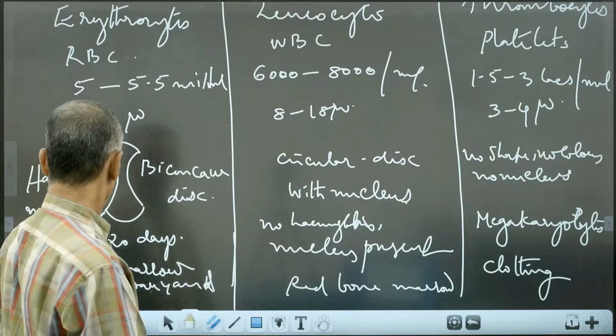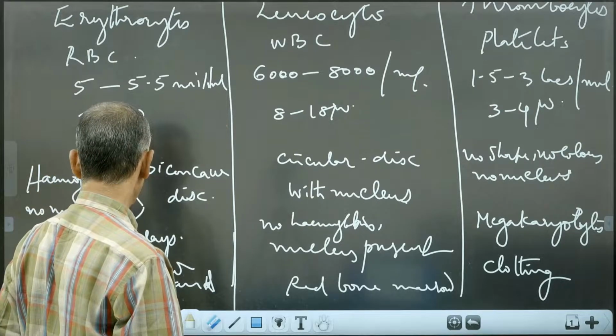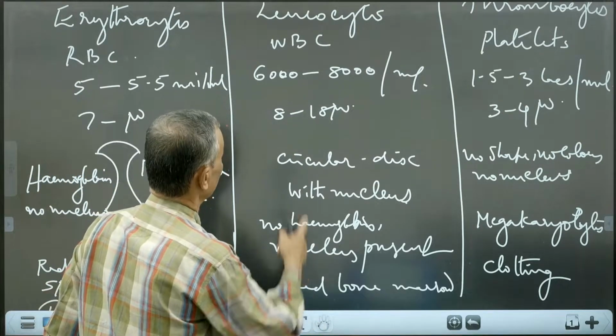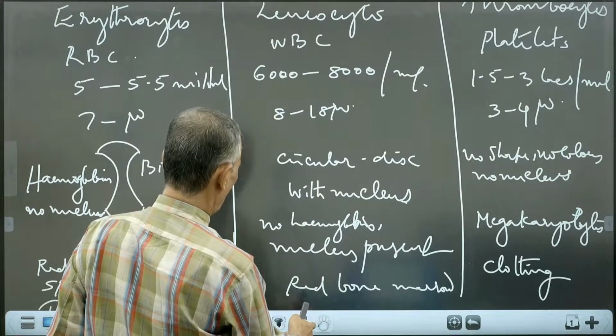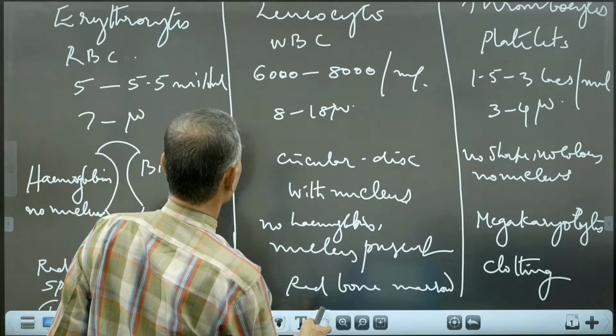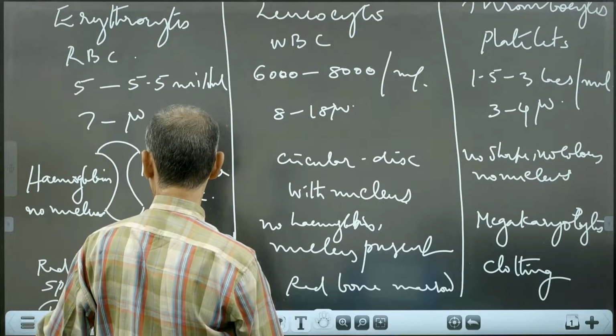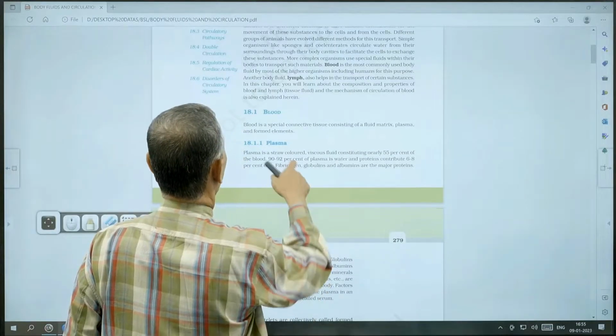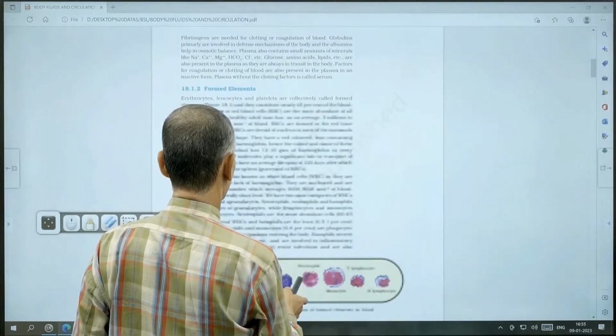Clear? Now, we are having the WBCs of different types. How we can identify these WBCs?